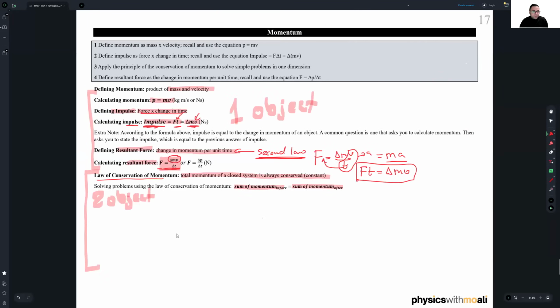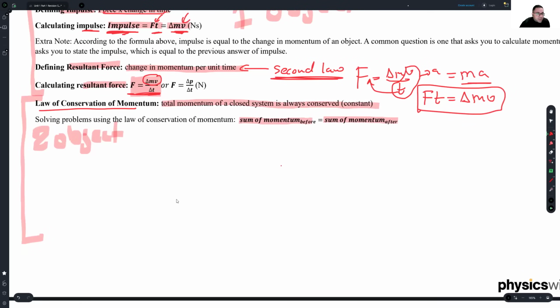So really quickly, if I have two objects, let's call them A and B. Let's say A is moving with a speed of 10 meters per second and has a mass of 2 kilograms. B has a mass of 1 kilogram but is at rest. This is before they collided.